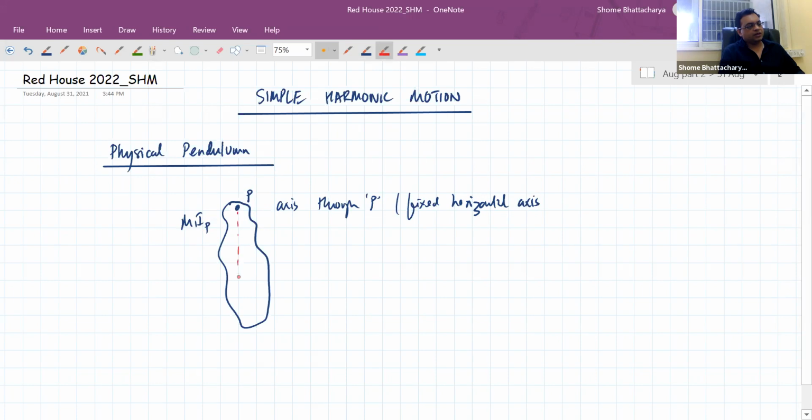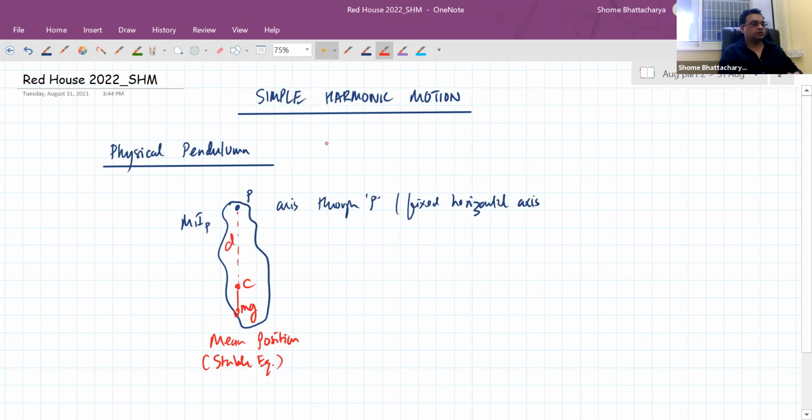So if the center of mass is vertically below P, then this is the mean position or the stable equilibrium position, because the net torque is 0.